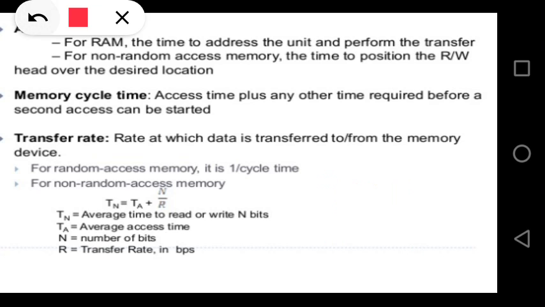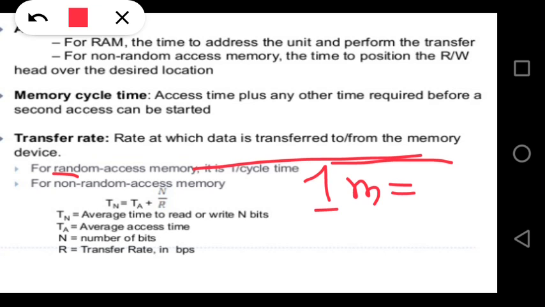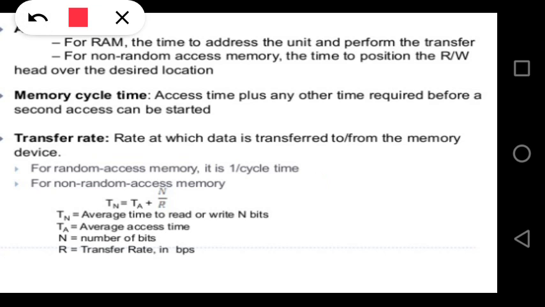The rate at which the data is transferred to and from memory devices. That means, in general words, in 1 minute, how many read operations or write operations can be performed? Not a complete read operation, just the data has to be transferred to and from the memory devices. It means the amount of time required to read the data and place it in MDR.